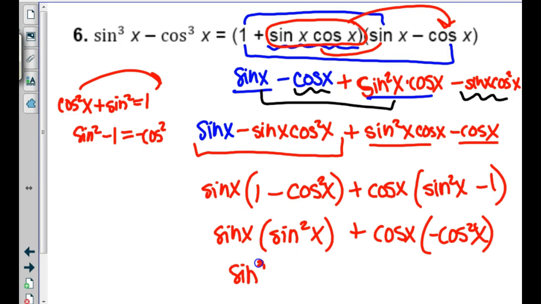Sine times sine squared, and a cosine times a negative cosine squared, which is this. Okay, I promise that's not on there. That's really gross. Icky, icky.